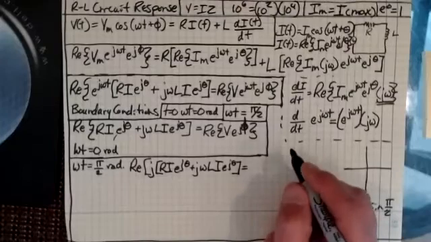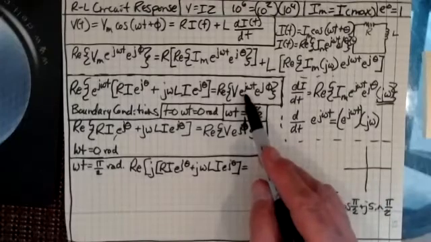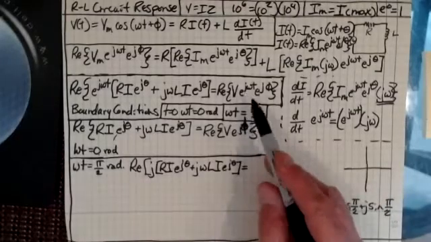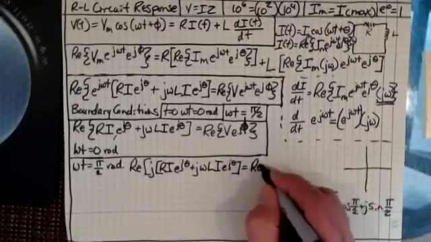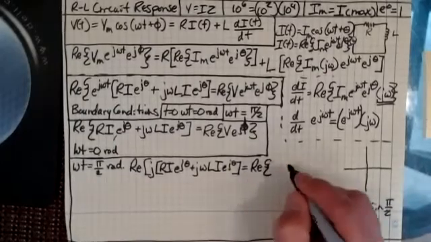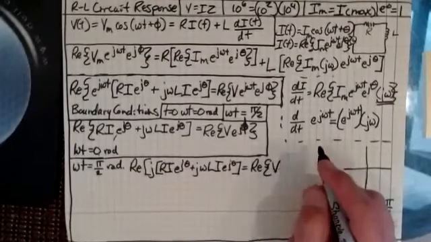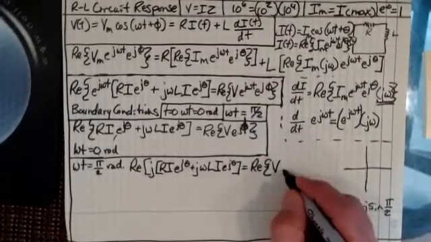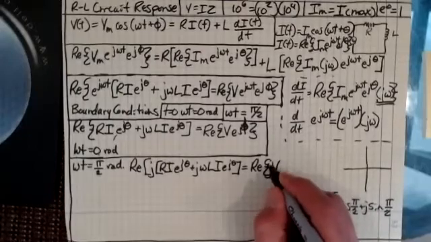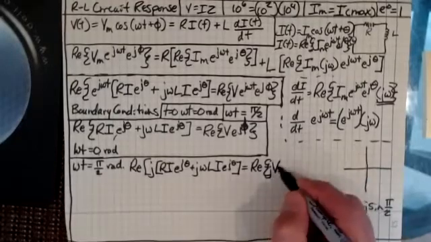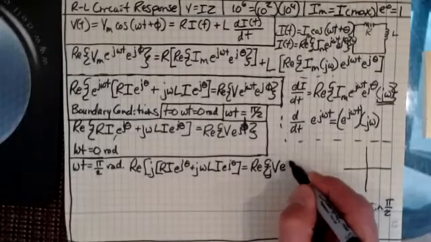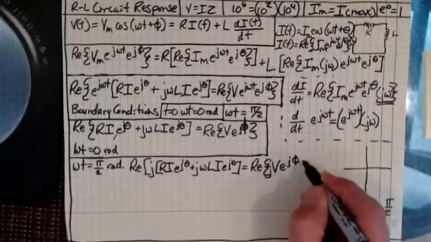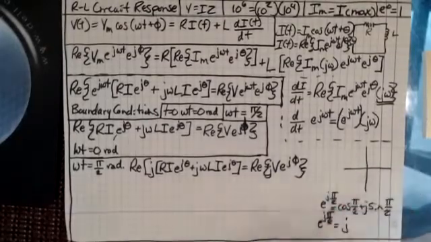Equals, and let's do the same thing on the other side, because I've got e to the j omega t here and I know that's j. So this is the real part of j times V e to the j phi. Does everyone see how that works?